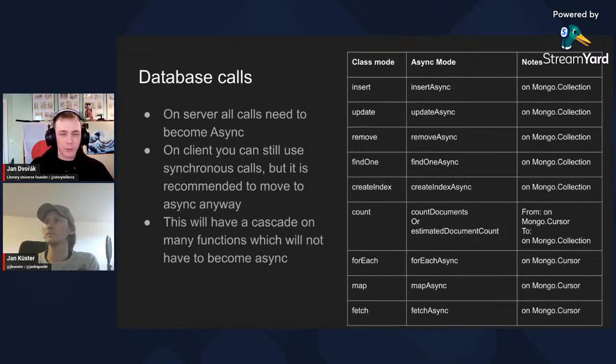So, what does that mean for everything else, Jan? Yes, that was only the database calls, but this also has implications for the rest of the ecosystem. The backend usually relies heavily on database calls, which in turn means that if you do any database calls in any method, it needs to be an async method, and this has implications where this method exists.